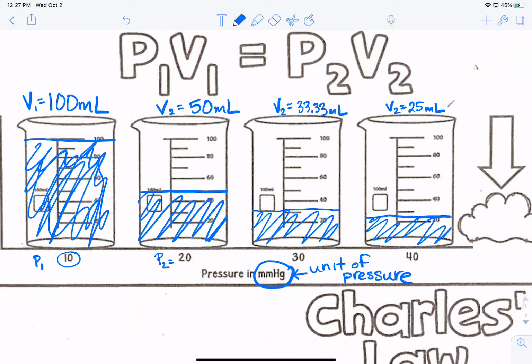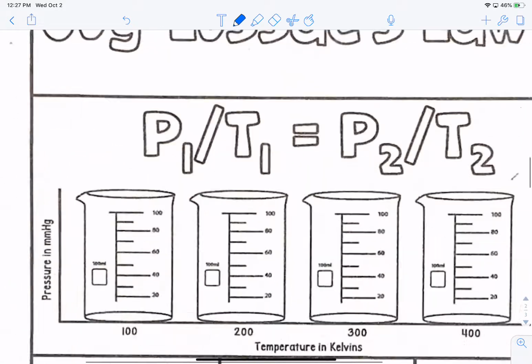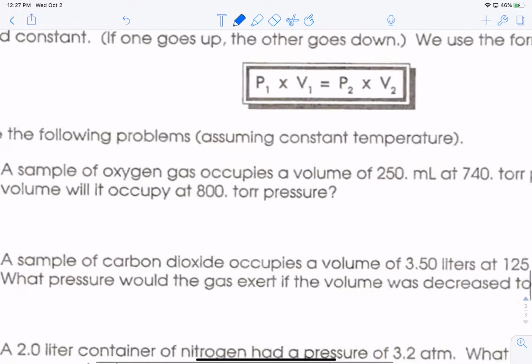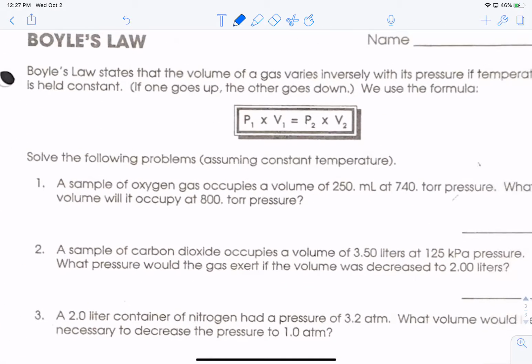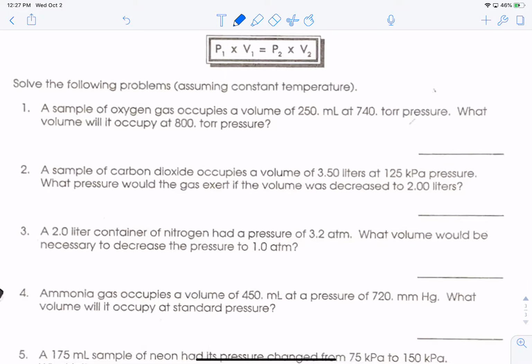All right, so let's go ahead and look at our very first problem. So we're looking at number 1 here. Okay, number 1.